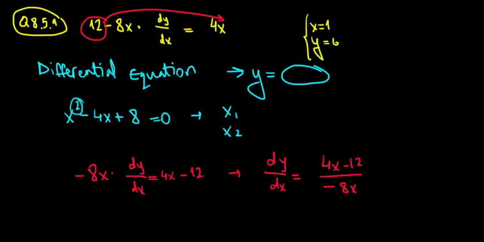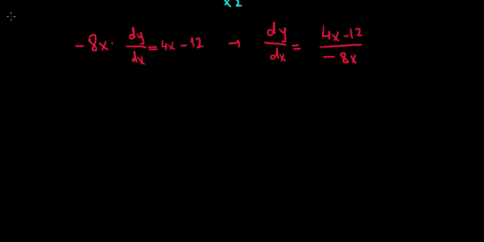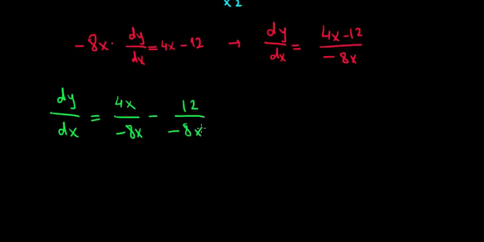Now what is 4x minus 12 divided by minus 8x? Well, that's just 4x divided by minus 8x and minus 12 divided by minus 8x. We would deconstruct our numerator, so it is 4x divided by minus 8x and then minus 12 divided by minus 8x. So what is 4 and minus 8? We cancel out the 4 with the minus 8 and we're left with minus 2.